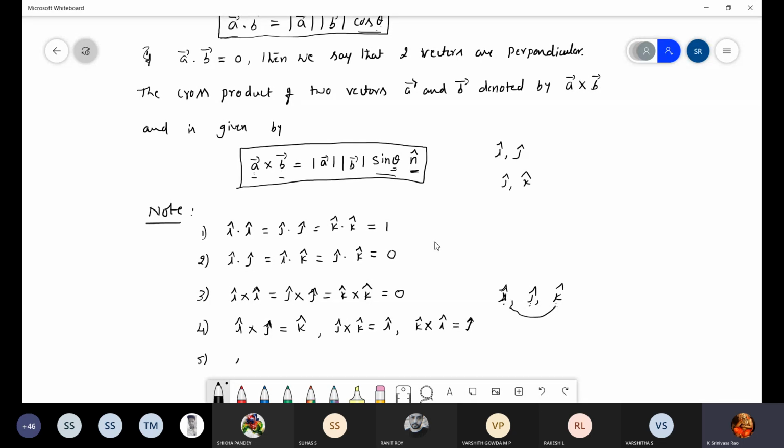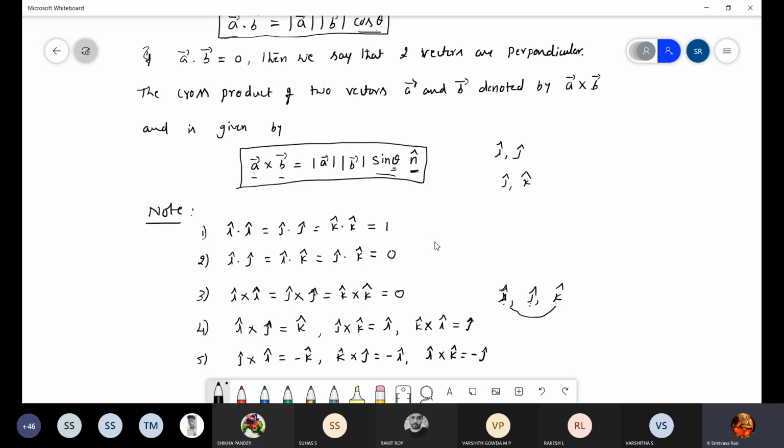What about j cross i? Minus k. Very good. j cross i is minus k. Same answer you will get, but negative. Similarly, k cross j is minus i, and i cross k is minus j.